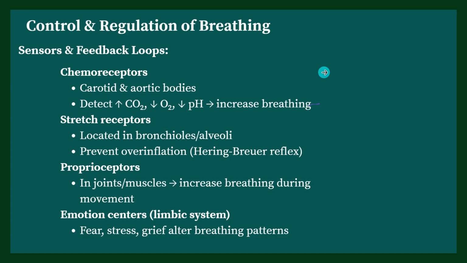Other ways that the breathing is controlled: chemoreceptors in our arteries can detect an increase in carbon dioxide, a decrease in oxygen, and a decrease in pH. So when those aortic bodies' receptors figure out that there's not enough oxygen and there's too much carbon dioxide, it will trigger an increase in breathing.